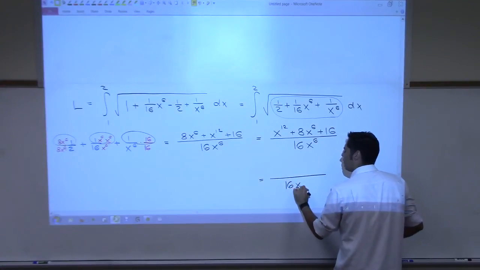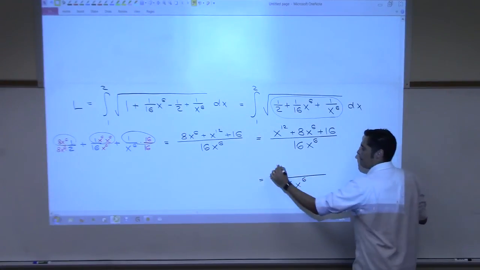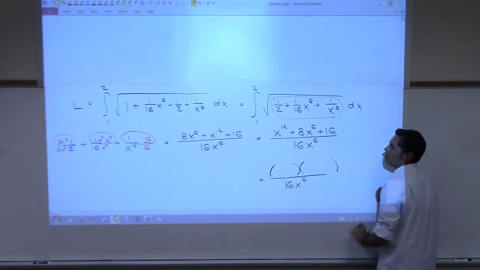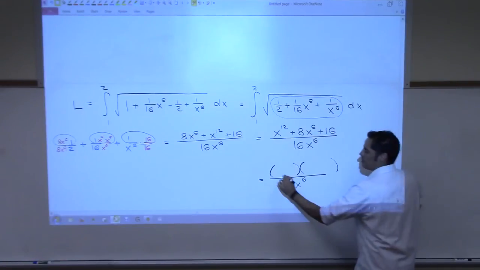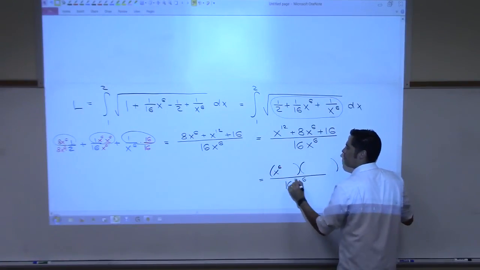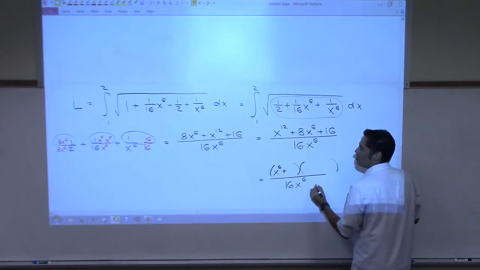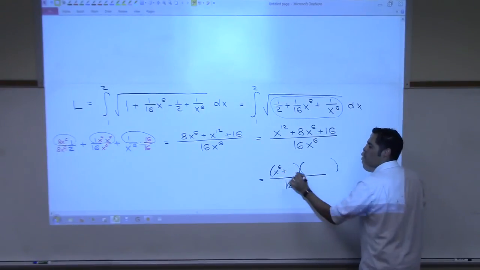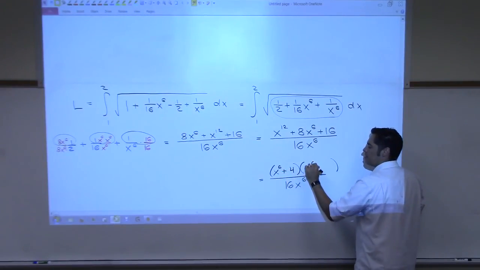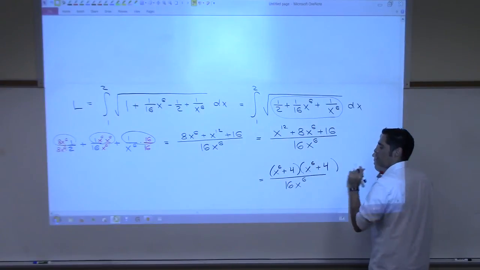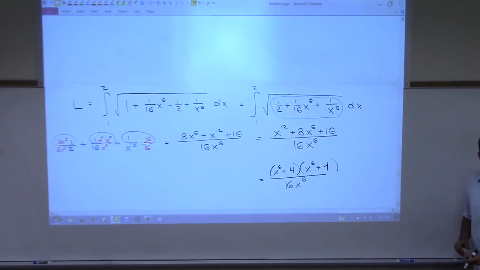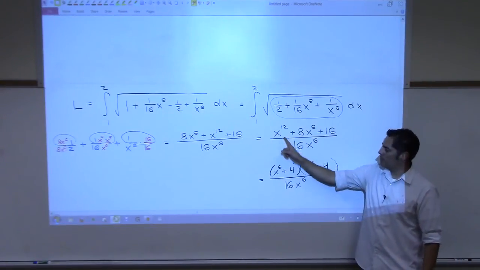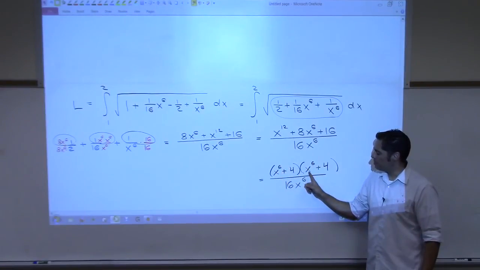What does the top factor to be? X to the 6th plus 4, and then x to the 6th plus 4 again. Do you see that? This times this will give you x to the 12th.